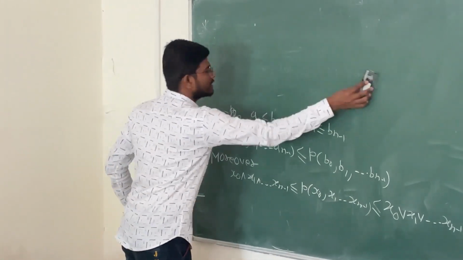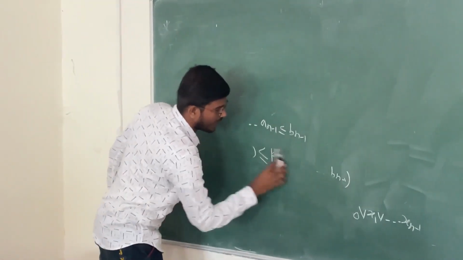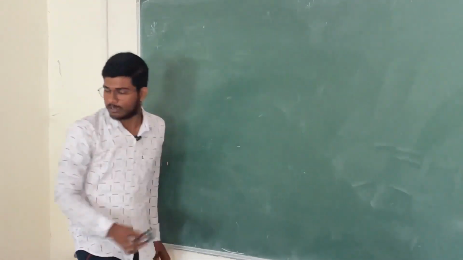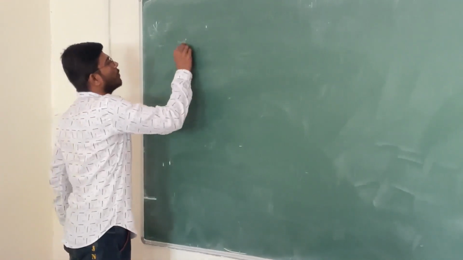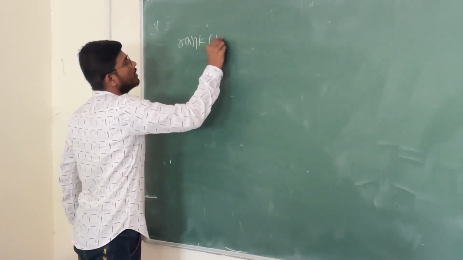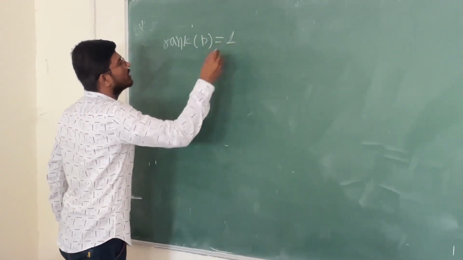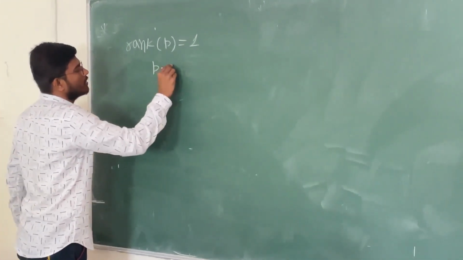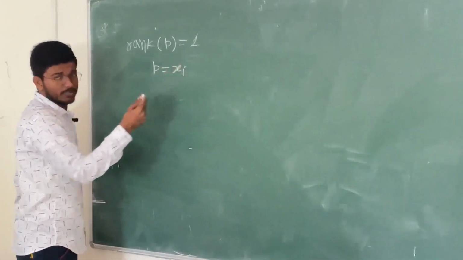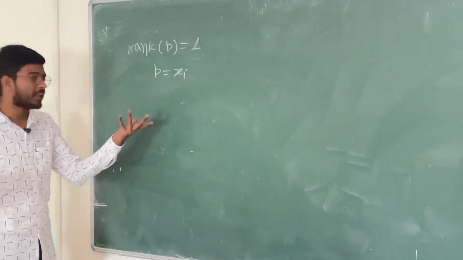First of all we consider a polynomial p having rank 1, that is, it is a monomial. So we are taking the polynomial p, consider its rank is 1. So it will be some xi, it is a monomial, only one variable.